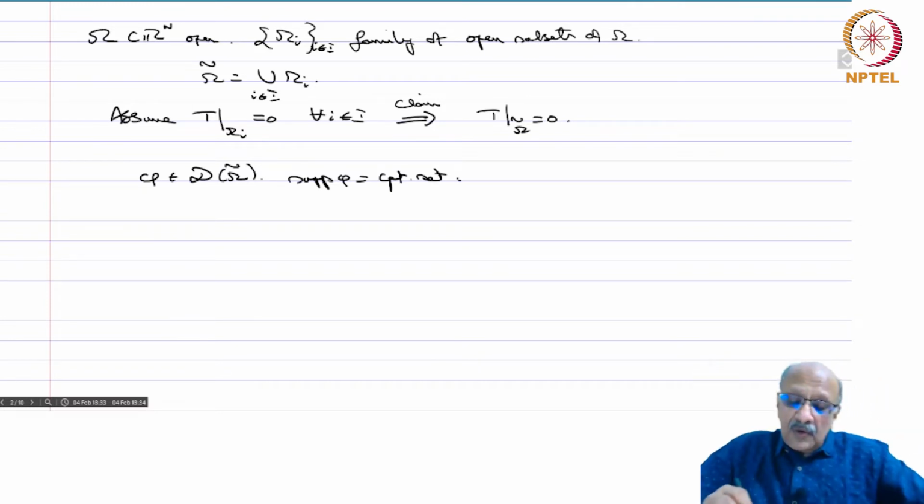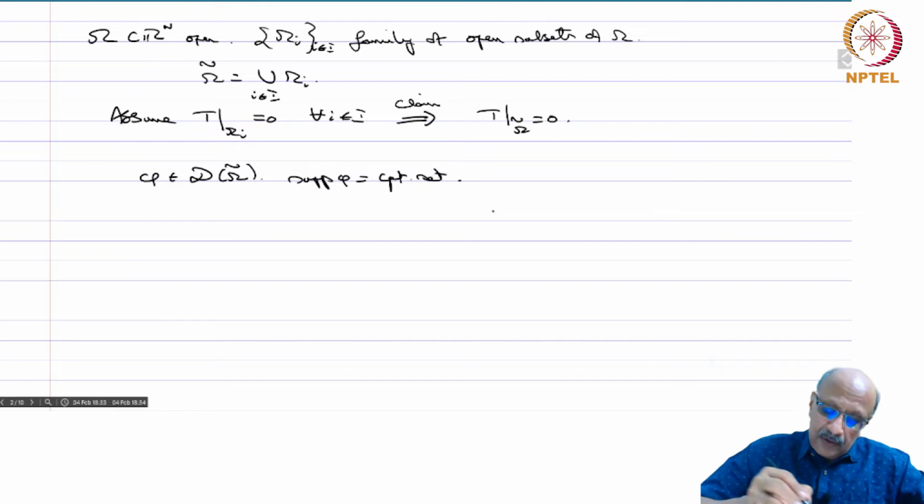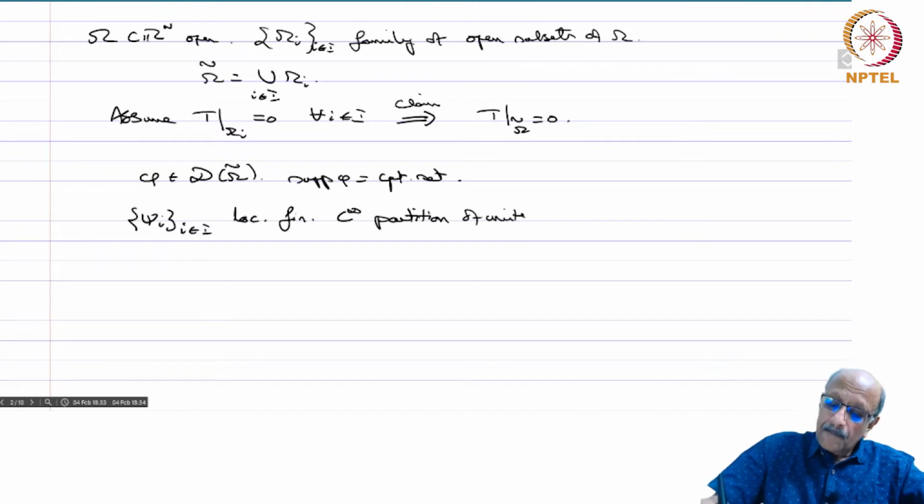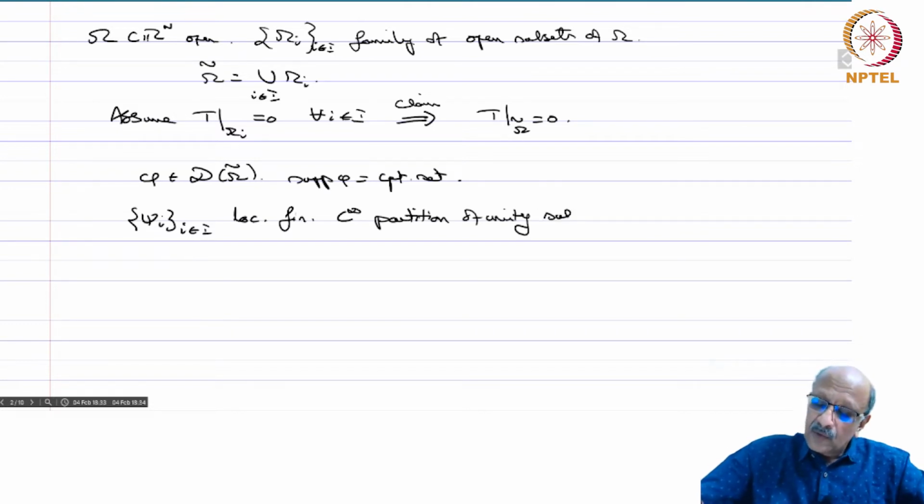Okay, so now you take ψ_i, i in I, a locally finite C infinity partition of unity subordinate to ω_i, i in I. So what does it mean?